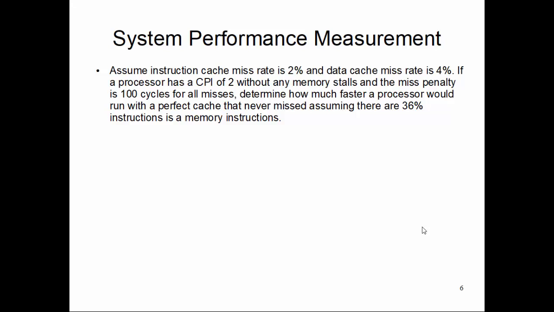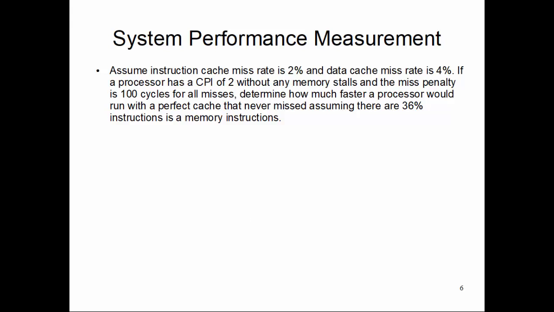If a processor has a CPI of 2 without any memory stall and the miss penalty is 100 cycles for all types of misses, determine how much faster a processor would run with a perfect cache that never missed, assuming 36% of instructions are memory instructions.